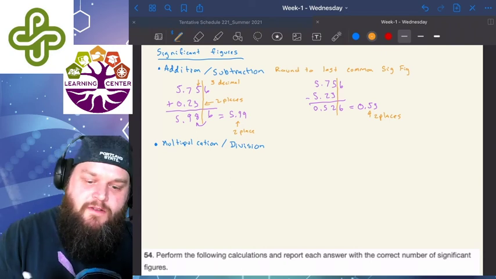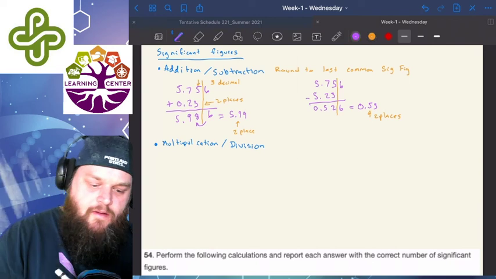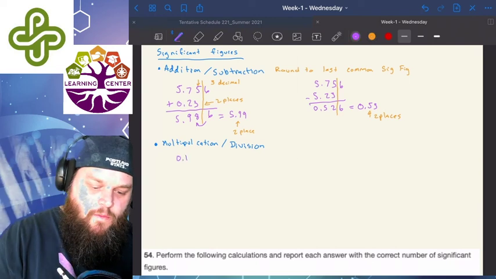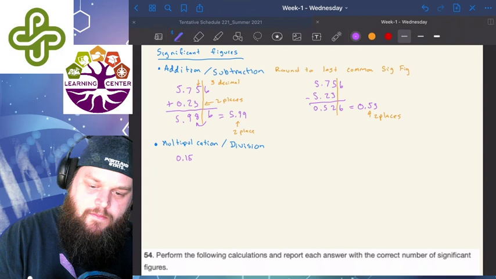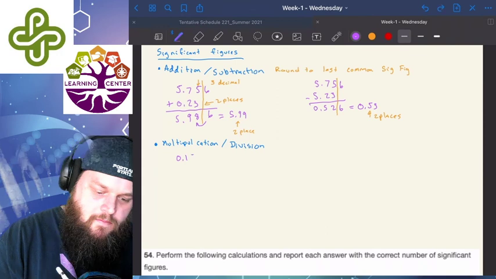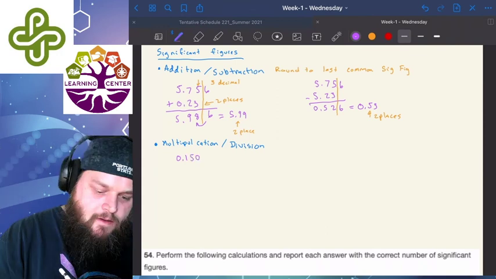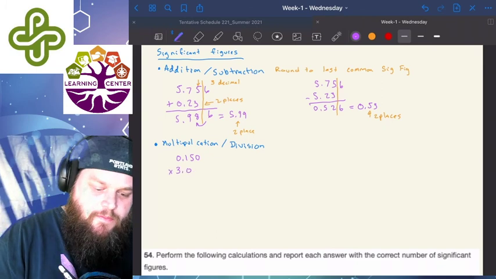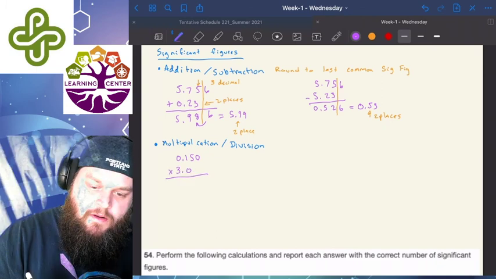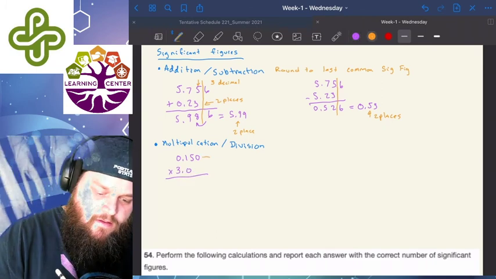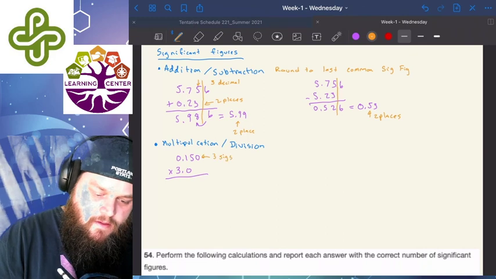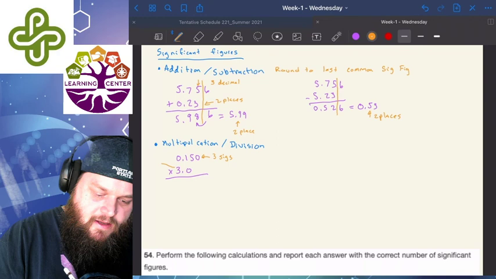So some examples there. We have 0.150 times, I'll just say 3.0. And notice in this example, this one here is 3 sig figs, and this guy here, 2 sig figs.